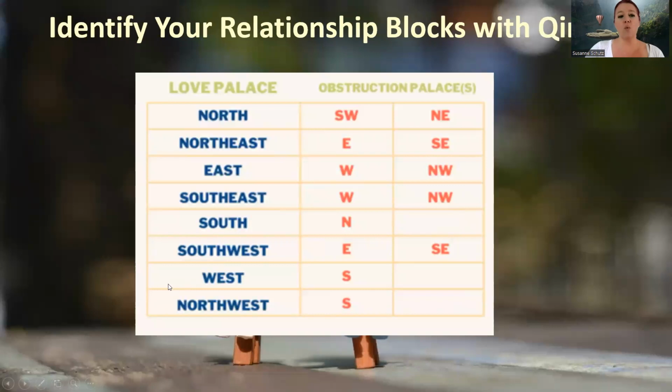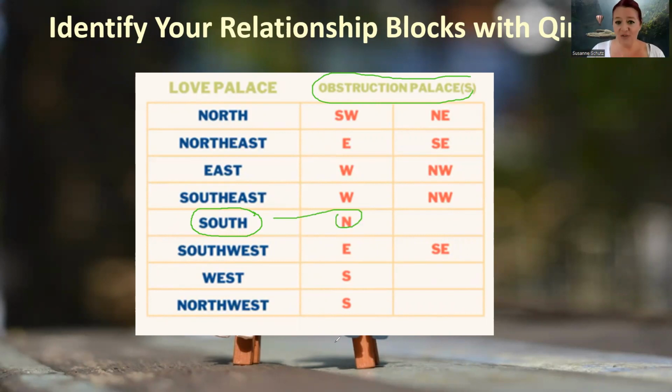Once you know where this relationship palace is, you then find out where the obstruction palace is for you. For this person specifically, the obstruction palace is in the north.